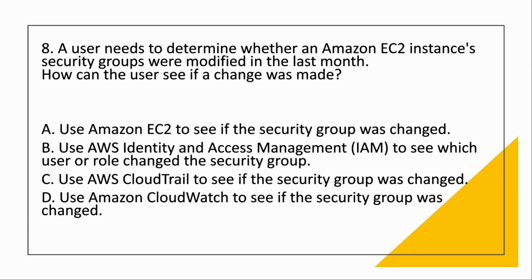And CloudWatch is not for this reason, because CloudWatch is for putting up your alarms, checking your logs, but not for tracking the user activity. Okay, for that we have CloudTrail. So the correct answer is to use CloudTrail.